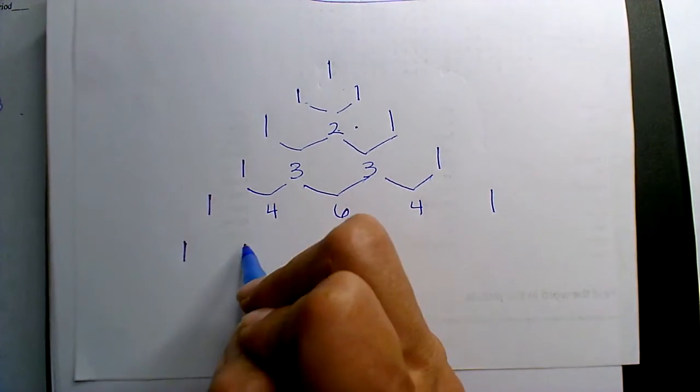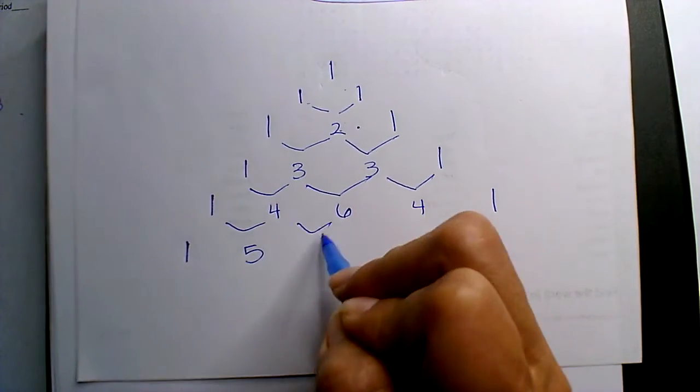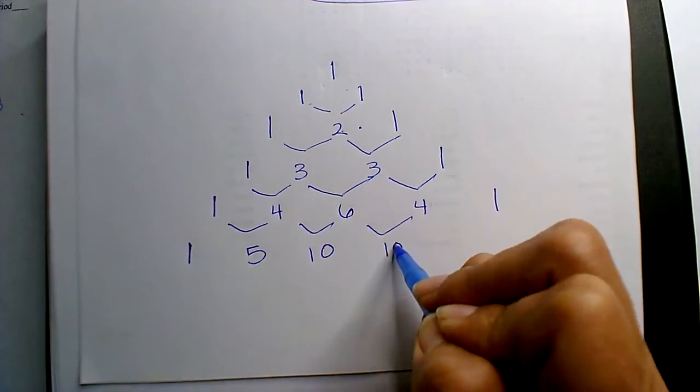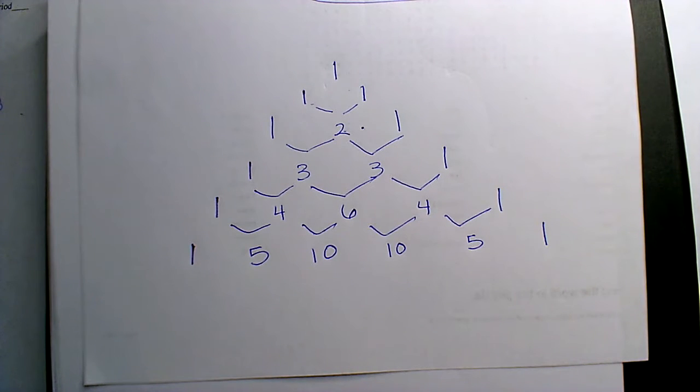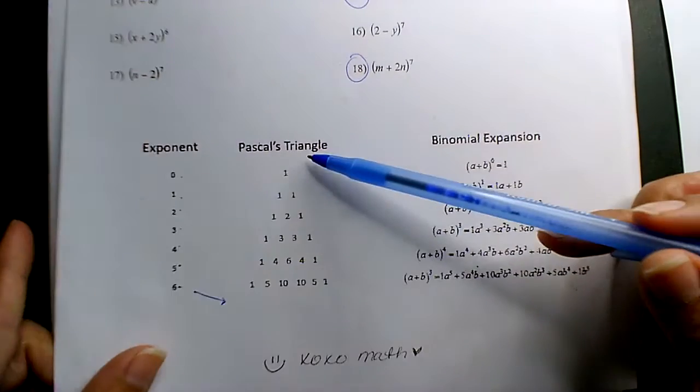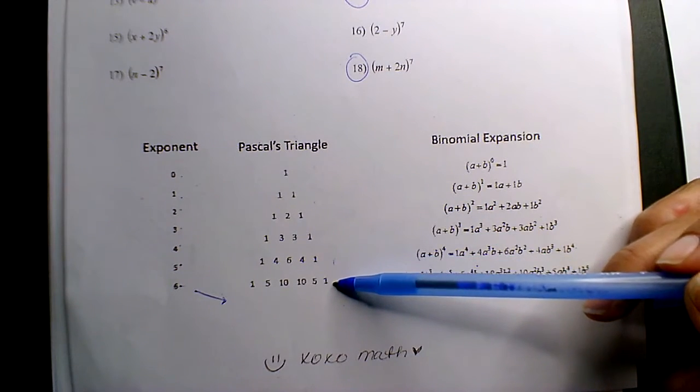And then 1, kind of reminds me of a Christmas tree. 5, 10, 10, 5, 1. Okay, and that is your Pascal's triangle. So that's what we just made.